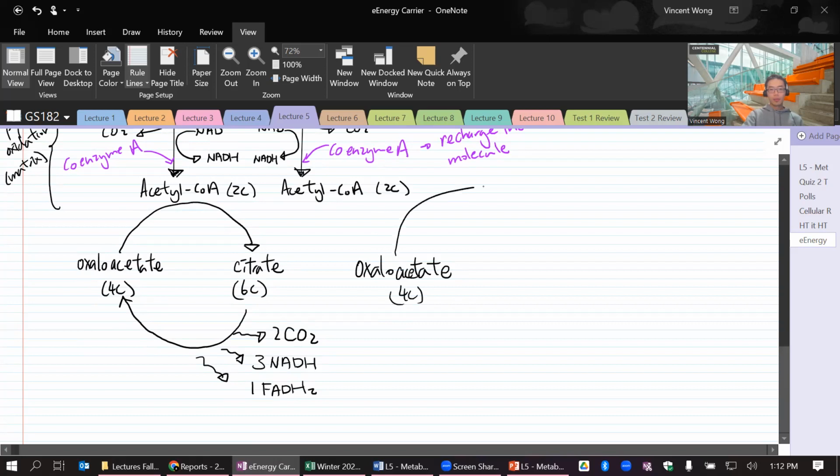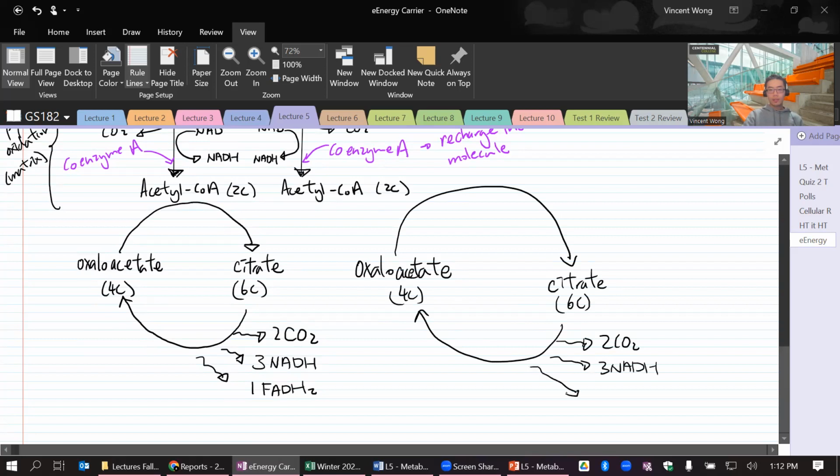It'll combine with this 2 carbon, and then it will become citrate, 6 carbon. And then it will be releasing 2 carbon dioxide, 3 NADH, and 1 FADH2. And also, we will be making 1 ATP.